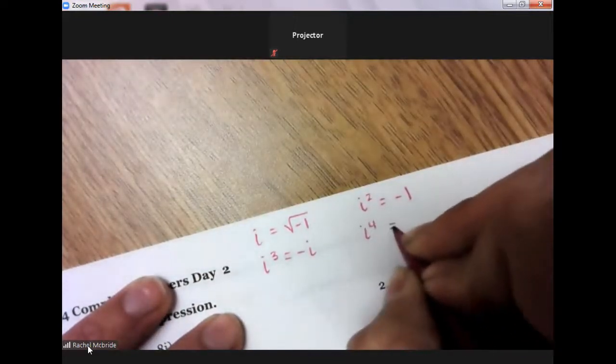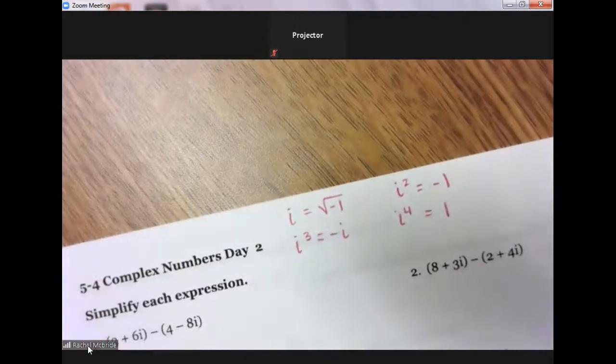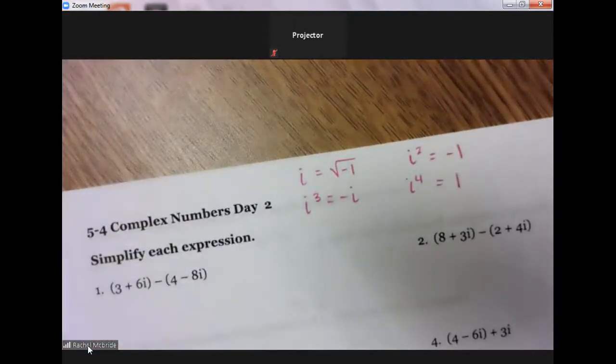And i to the 4th is +1. So we have our 4 powers of i. Variables and exponents with i's act just like i's and variables do in the real world.